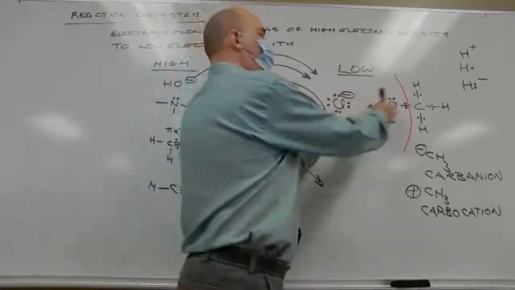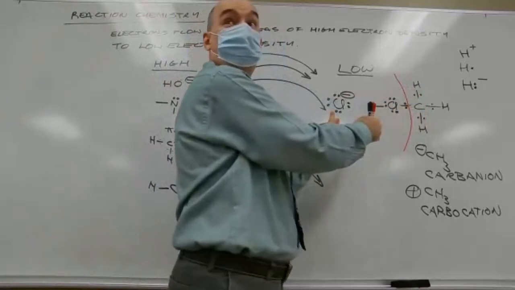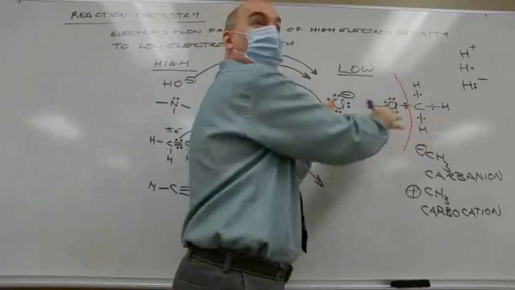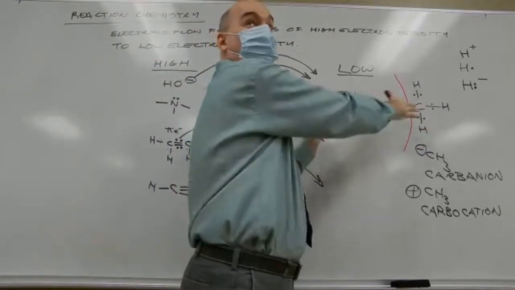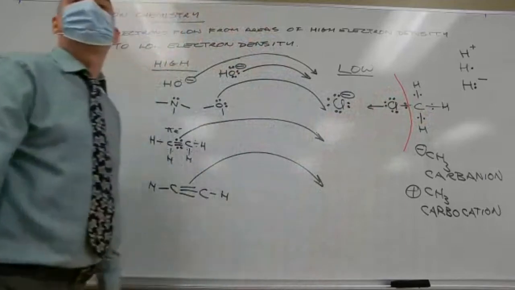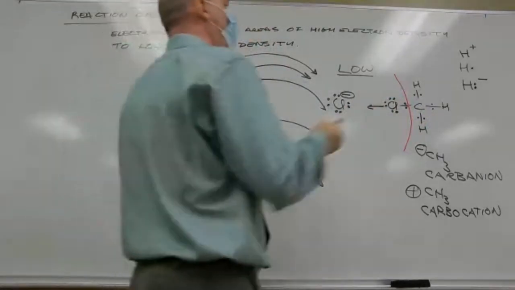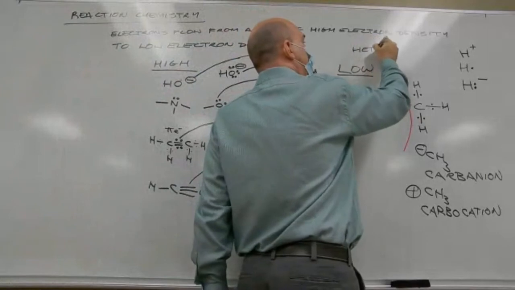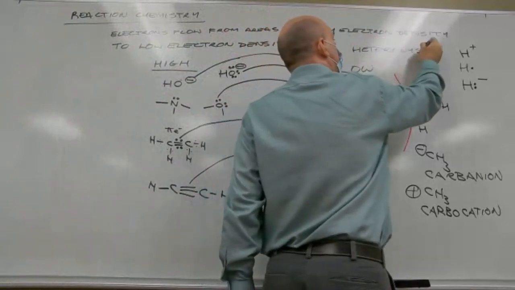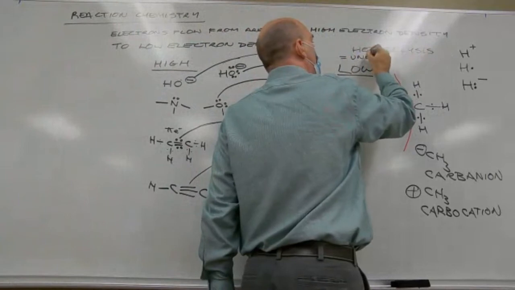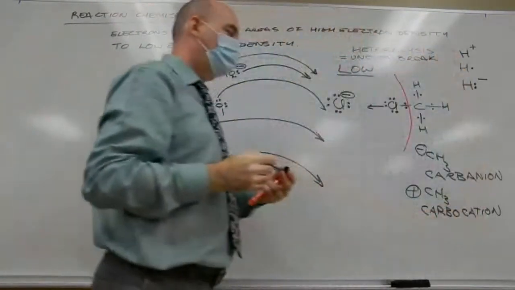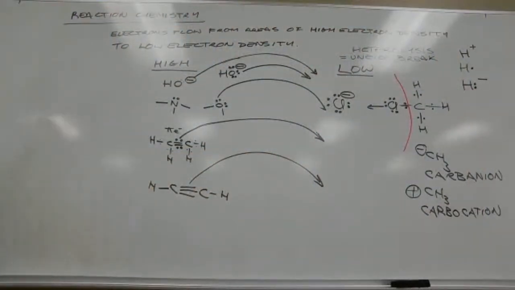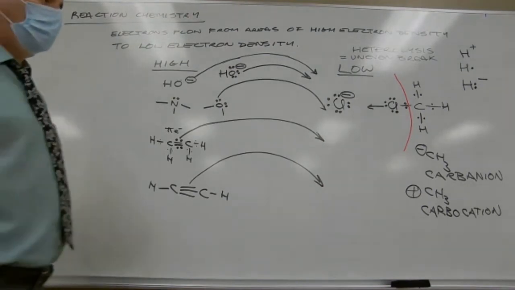This breaking of a bond where it is uneven and the electrons decide which of the parents they're going to go and live with after the divorce, that's a heterolytic cleavage or heterolysis. That is an uneven break. And both the carbanion and carbocation are generated by an uneven break.